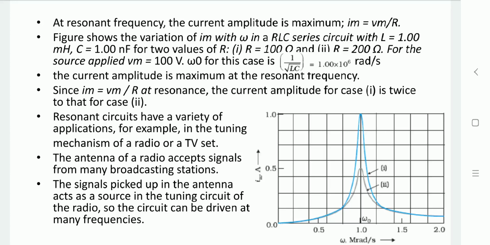Now this application is used by selecting a specific frequency. For example, at a radio station we are choosing a specific frequency. At that time, without any disturbance, our signal should be received very clearly. This is our importance here, at a particular chosen frequency. For example, at radio 94.3 we are choosing 94.3 megahertz.